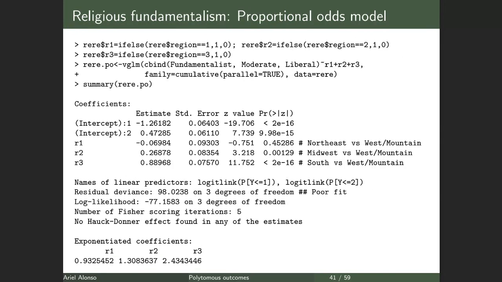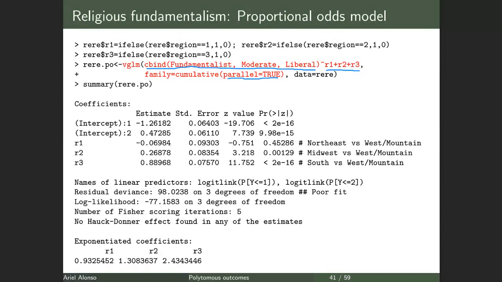I'm going to try to fit that model in R. So how do you do that? You use the GLM function. Here you have the response variable, cbind of the three response variables, and then the dummy variables for the region, and then cumulative parallel true. So we are considering proportional odds.